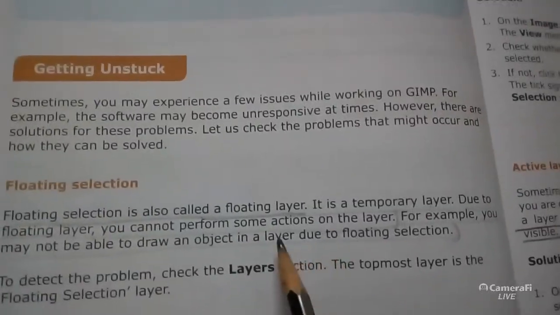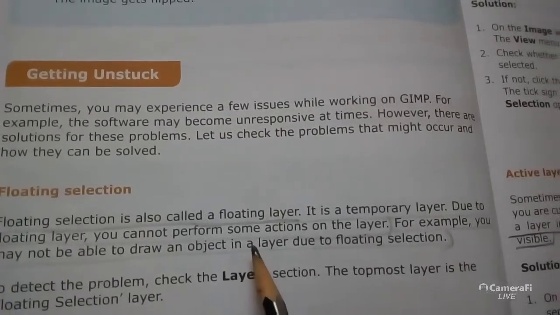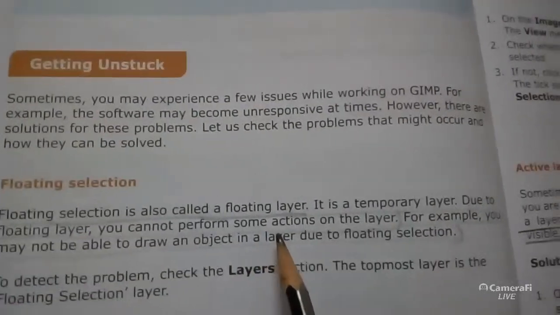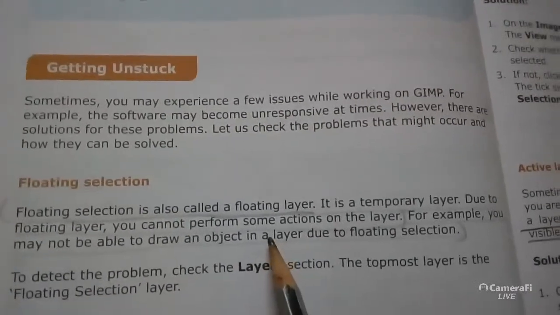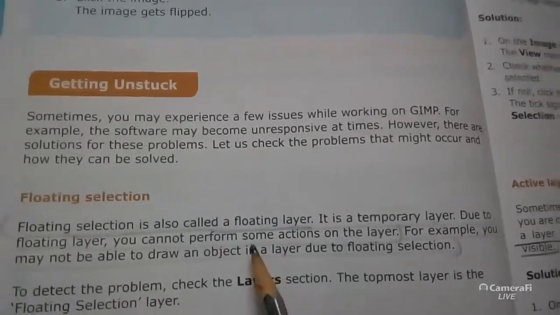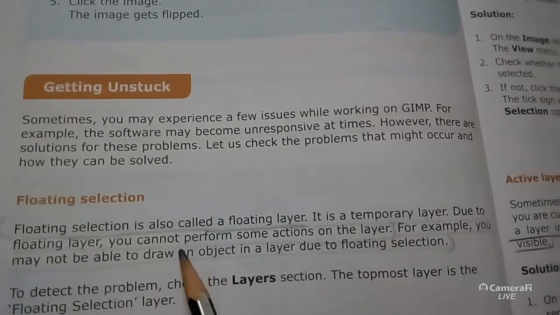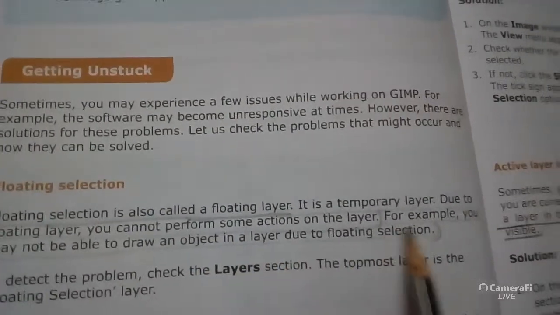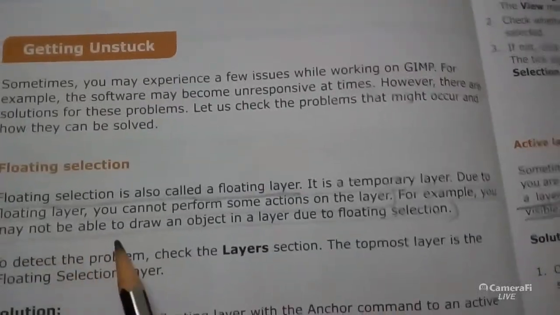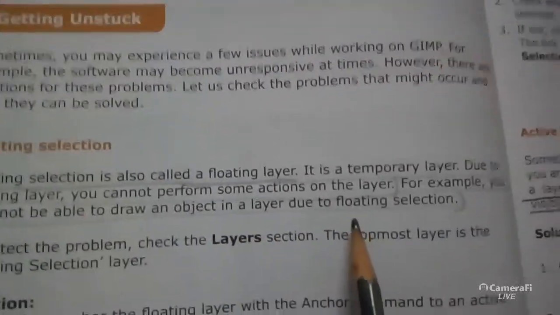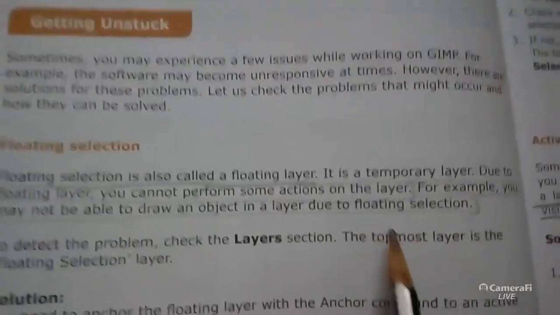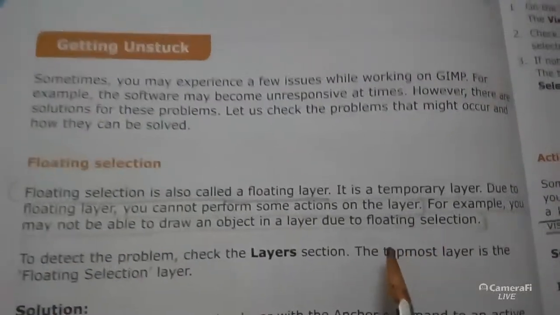That means you opened the layer, you did something and it stopped working. That is called floating. That is not the active layer. That is the floating layer. You cannot perform any action. For example, you may not be able to draw an object in a layer due to floating selection. That means the selection remains floating.